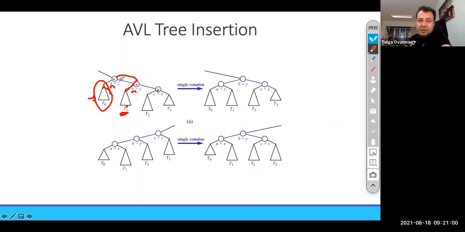So these cannot be smaller, because if I find a smaller element than A in here, it's on the right-hand side. So it shouldn't be on the right subtree.